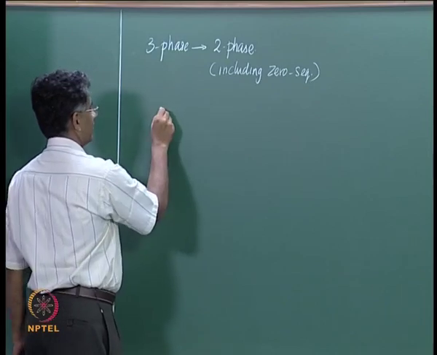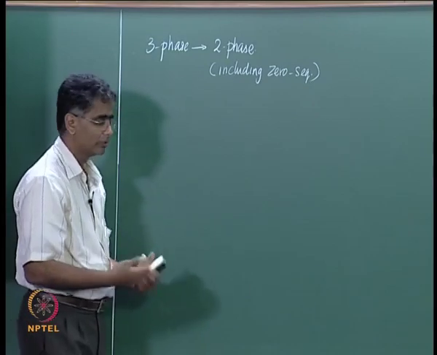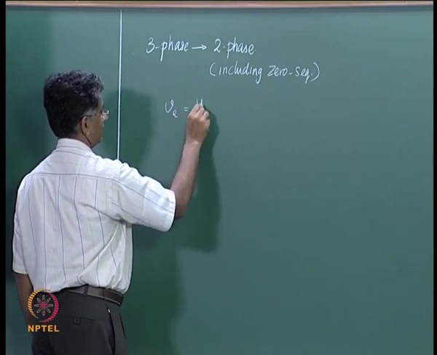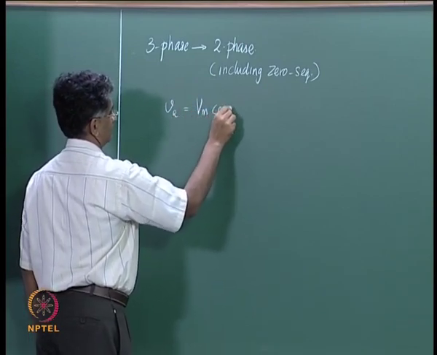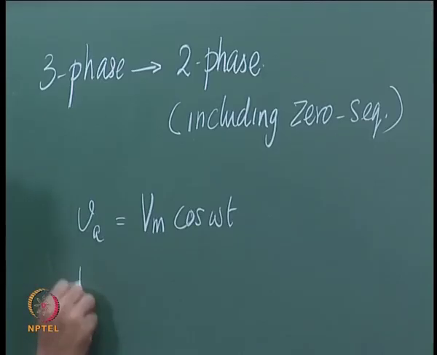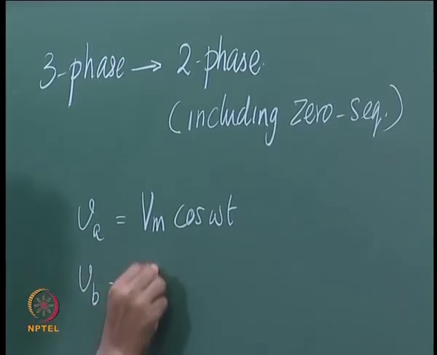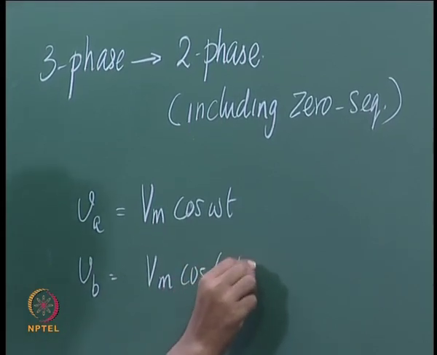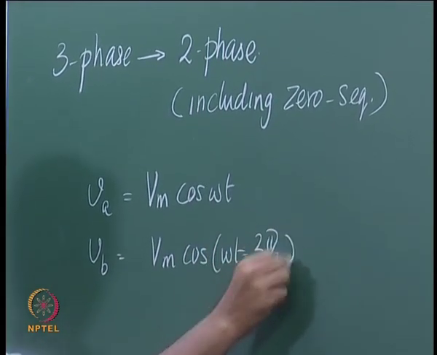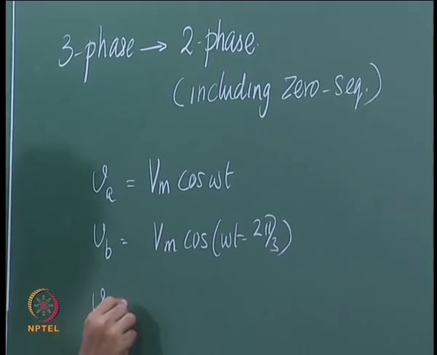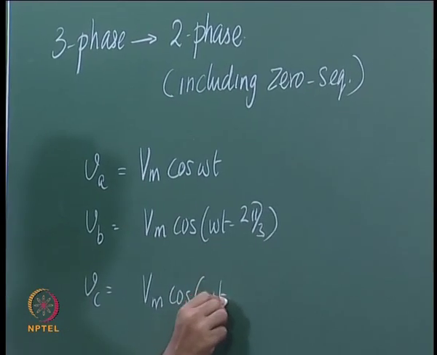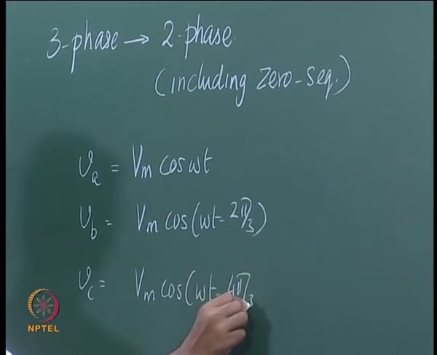In the 3-phase case, you have 3 inputs, which is VA. Let us say that VA is Vm cos omega t, then VB would be Vm cos of omega t minus 2 pi by 3, and Vc would be Vm cos omega t minus 4 pi by 3.